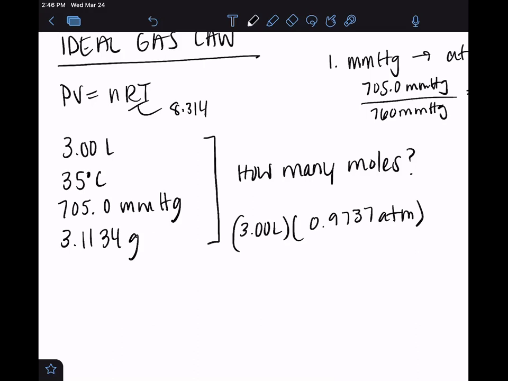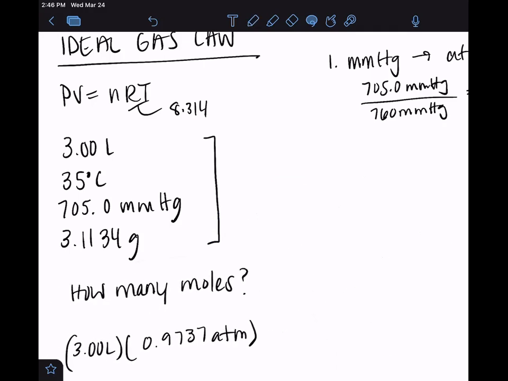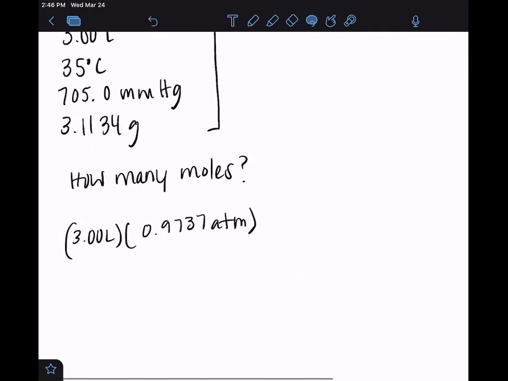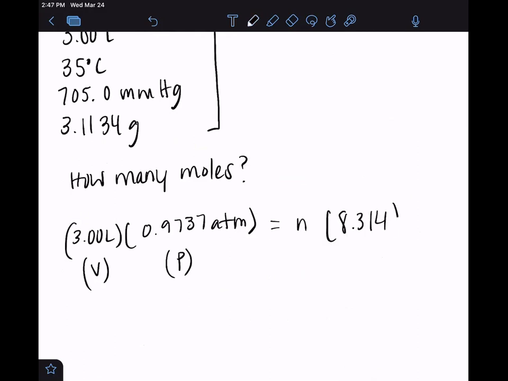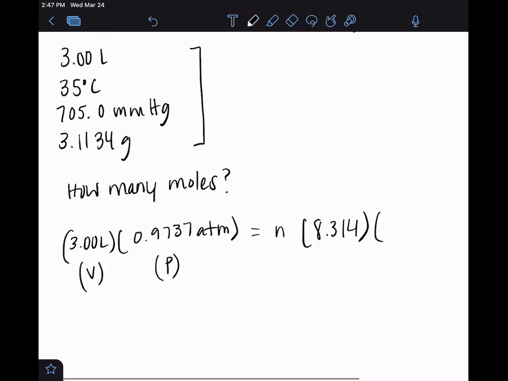So if we continue to figure that out, this is our P, this is our V, equals, we don't know n, then our R is going to be 8.314, and then the T, we had 35 degrees Celsius, and we're going to add 273, so it should be 308.